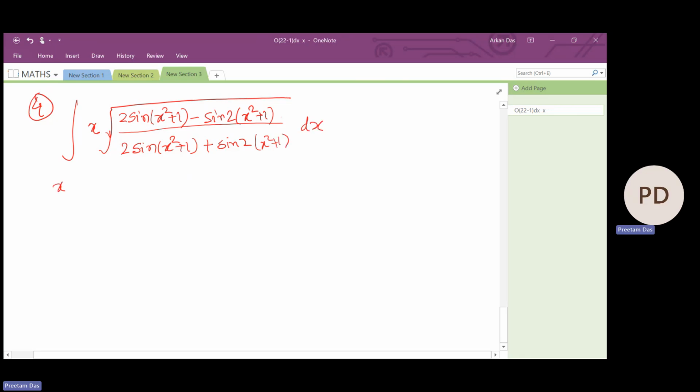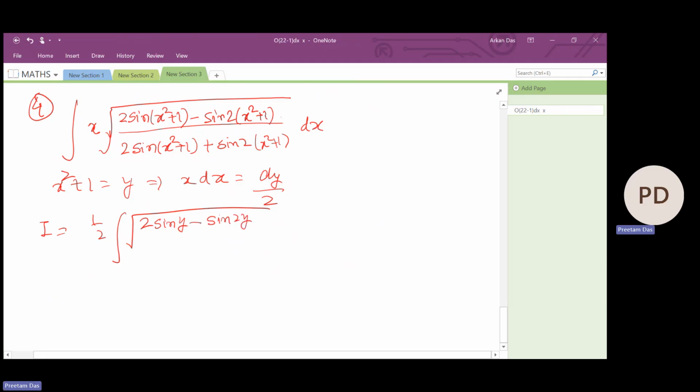So let us consider x square plus 1 to be y. So x dx will be what? dy over 2. So what will be this integration now? Now let us bring half aside here. This will become 2 sine y minus sine 2y divided by 2 sine y plus sine 2y dy.